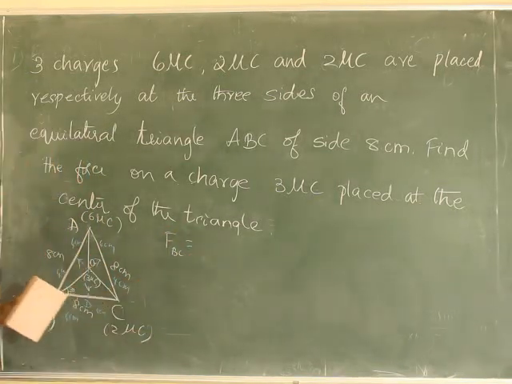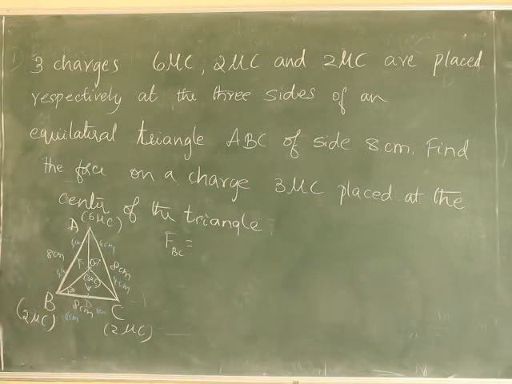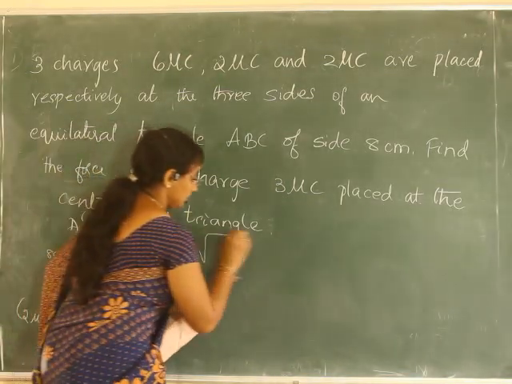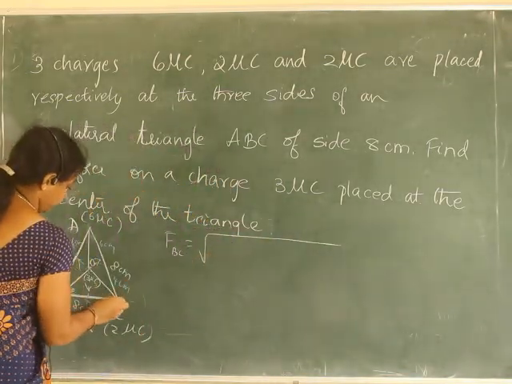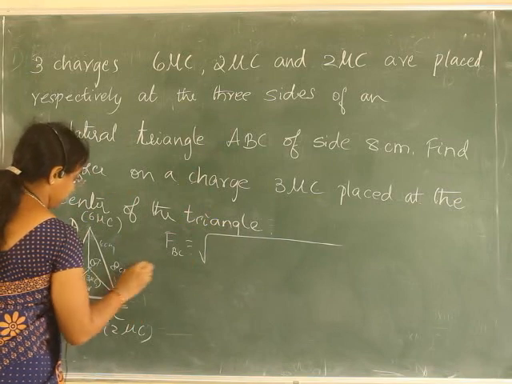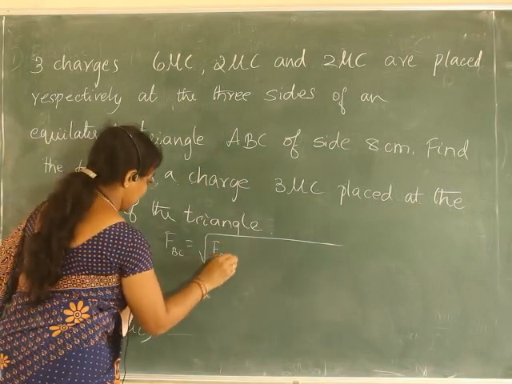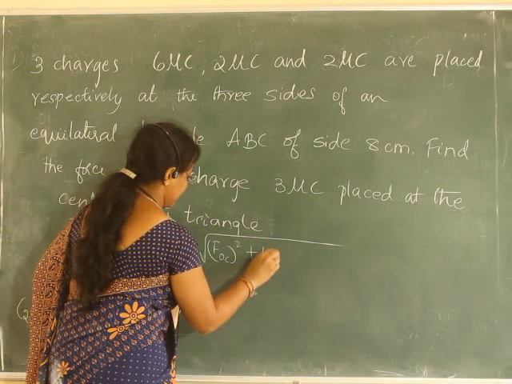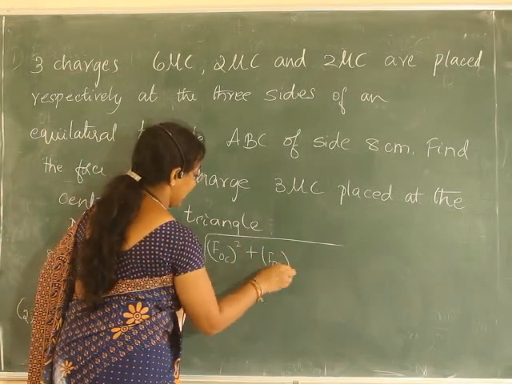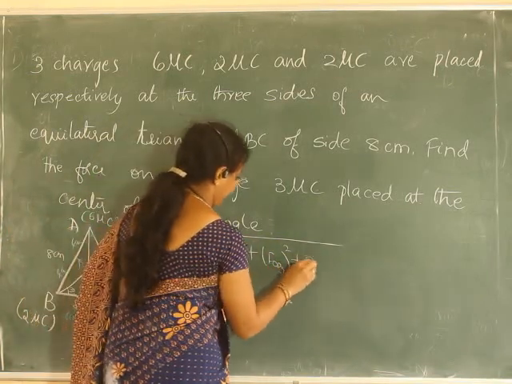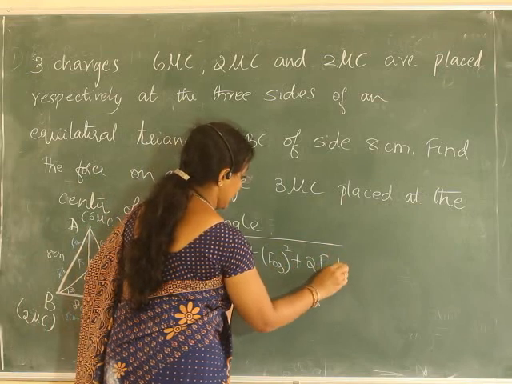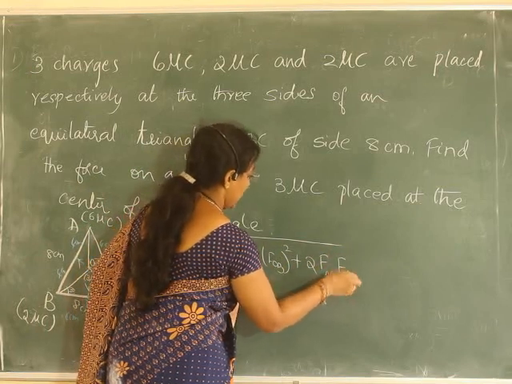The net force acting on the body due to the two forces is the square root of force due to this one and force due to this one: FOC square plus FOB square plus 2 FOC FOB cos theta.